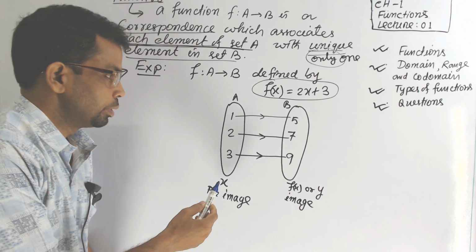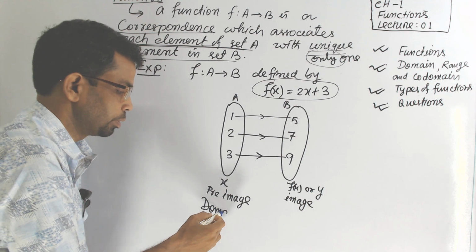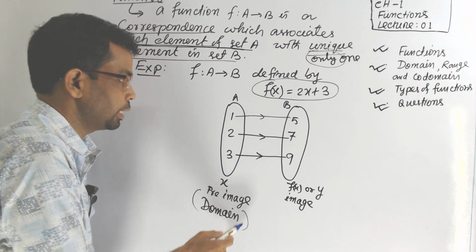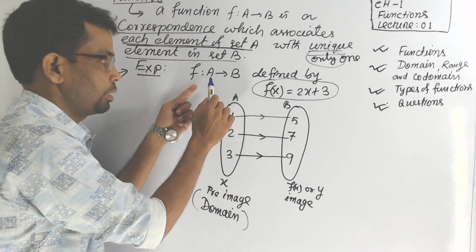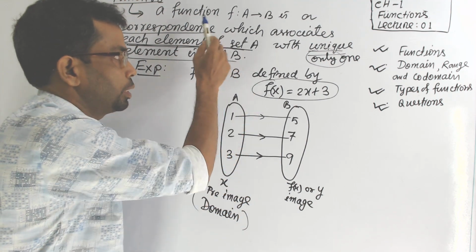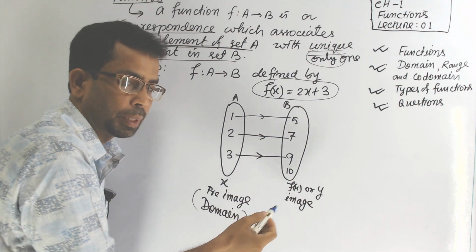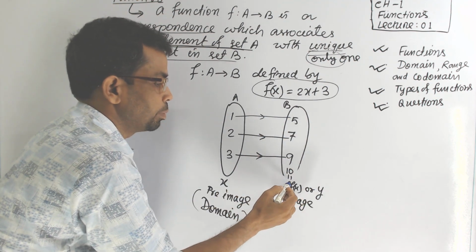Now, the whole set A is the domain of the function. That is the first set under the function. And then, according to the definition of function, in set B, there may be elements, say elements 10, 11, I'll take.